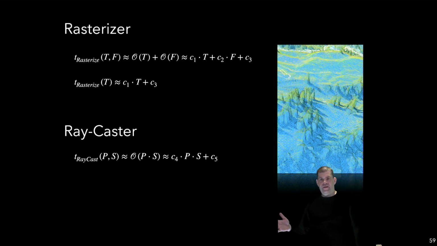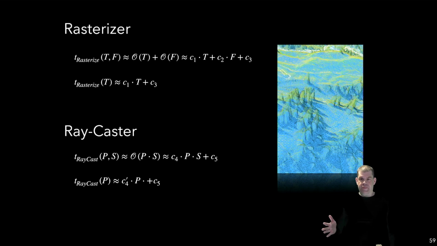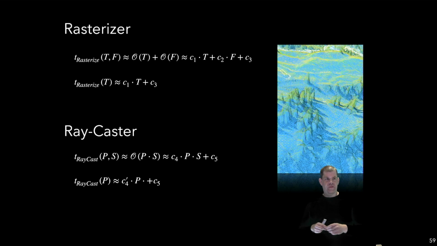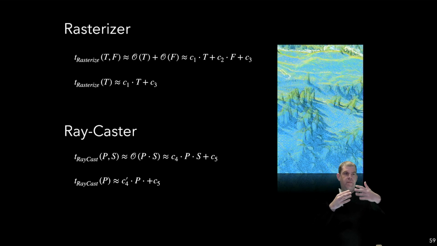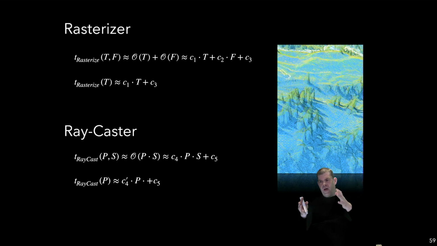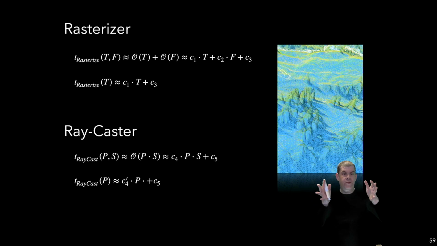For the raycaster, it turns out that the number of steps is pretty much a constant. Why? Because we always run over the same number of bricks, these red boxes, and that's pretty much a constant. It might be a big constant, but nonetheless, it's pretty much a constant that depends mainly on your screen resolution, but not so much on the number of triangles. Why? Because first of all, we don't check each triangle first, we check the boxes first, and they encapsulate a ton of triangles.